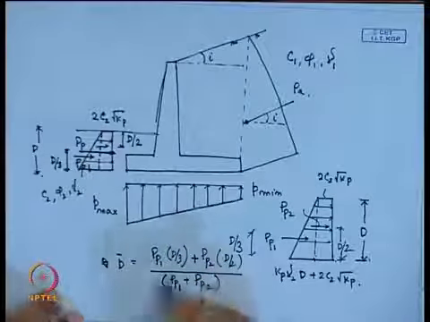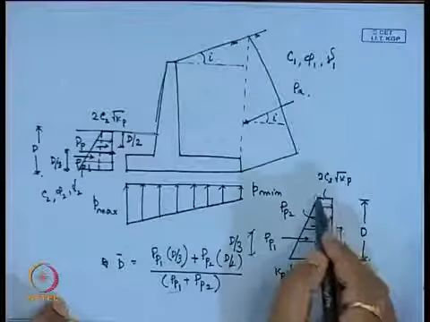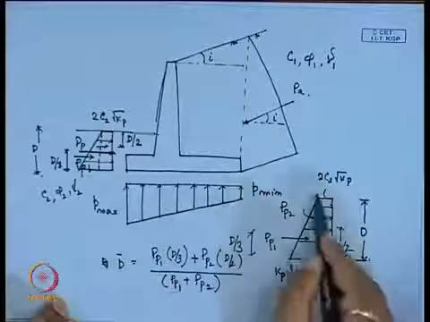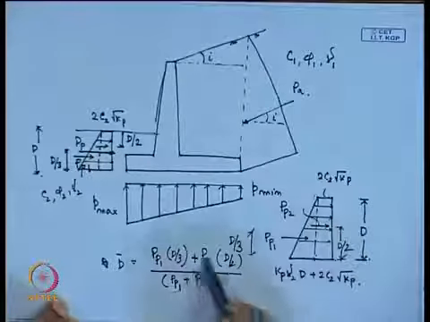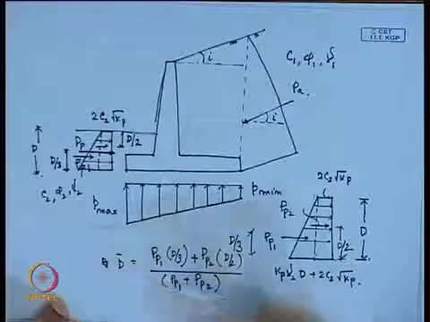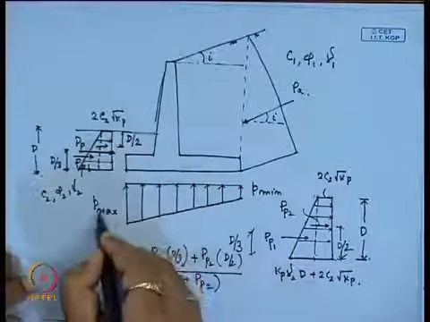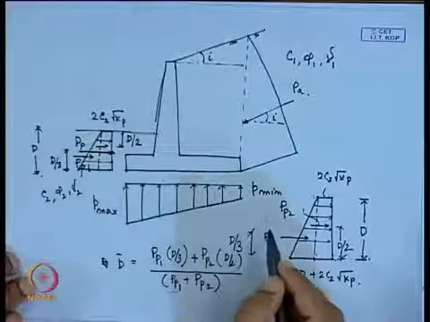So in this way, first you have to calculate P P 1 from this triangle, because we know the stresses at this edge and this edge, and then P P 2 for this rectangular portion, then we can determine D bar. And this stress P max and P min we can determine by using the previous expression.